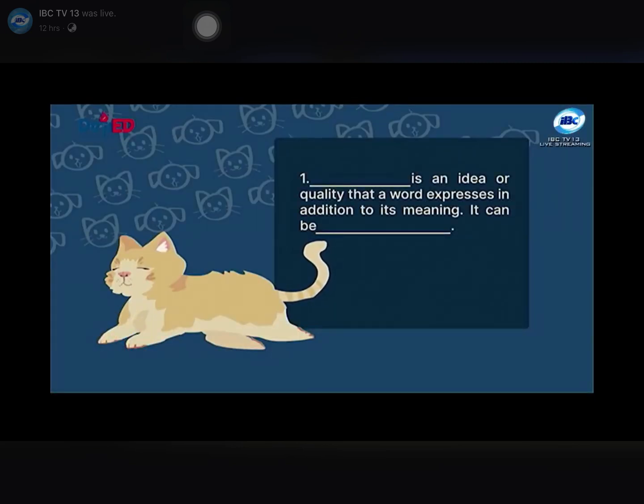Blank is an idea or quality that a word expresses in addition to its meaning. It can be blank. If your answer to the first blank is connotation, then you are correct. For the second blank, it's positive or negative.